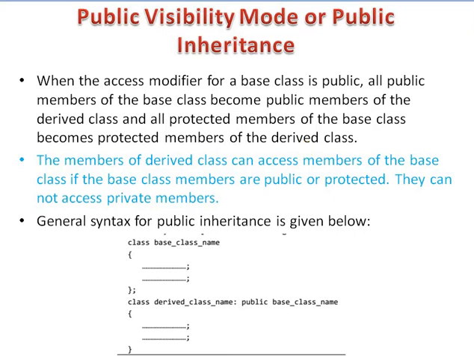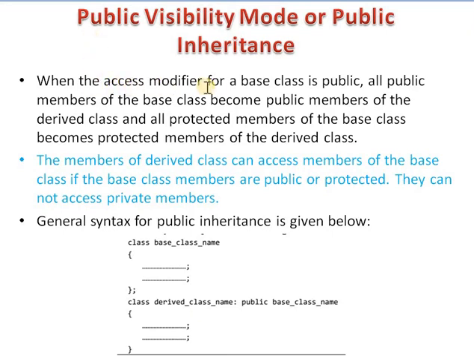First, we will see what is public visibility mode or public inheritance. We know that when a member is declared as public, it is accessible to all the functions of the program.